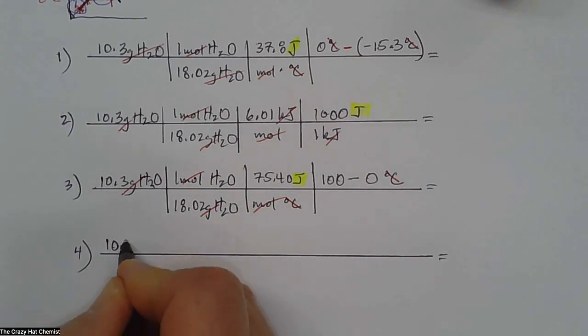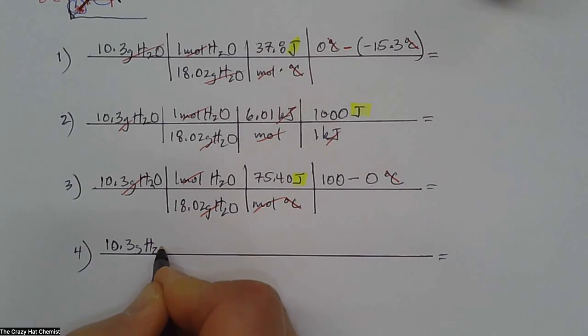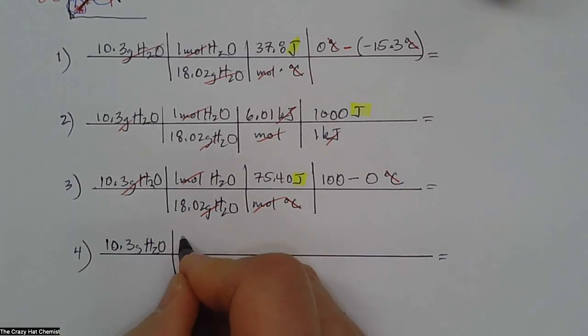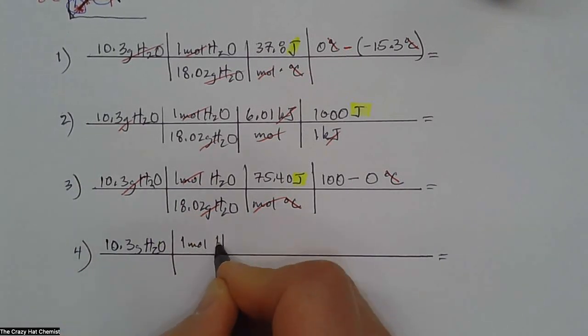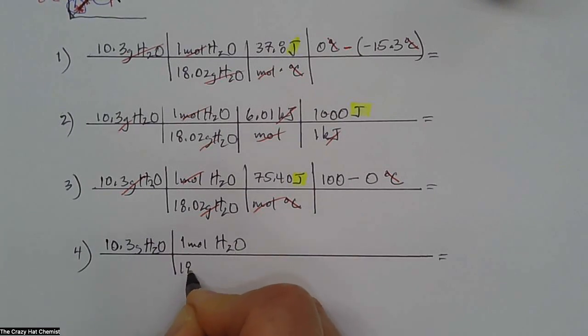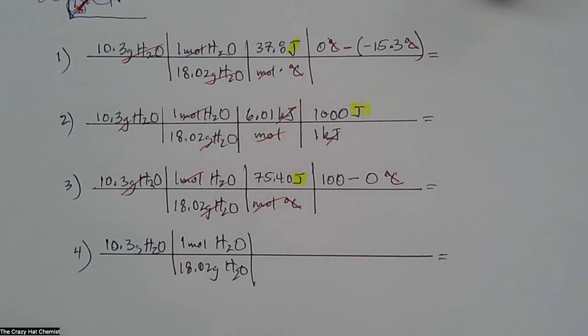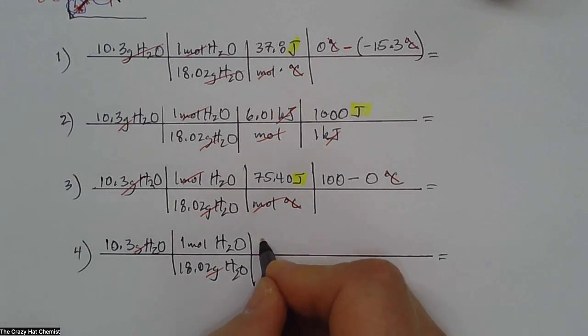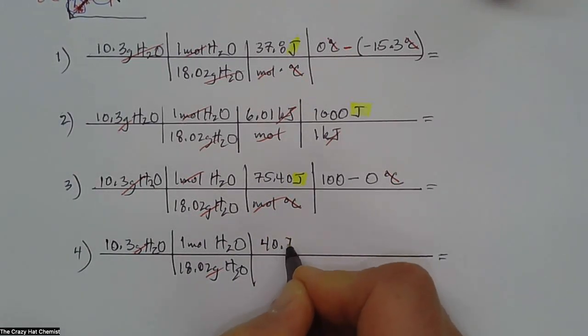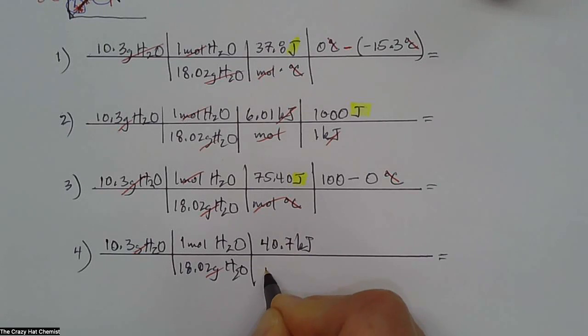So we'll have our 10.3 grams of H2O. And then 1 mole of H2O is equal to the molar mass, 18.02 grams of H2O. That enables me to cancel out the grams of the water. Now we're going to use the heat of vaporization for water, and that's 40.7 kilojoules per mole.